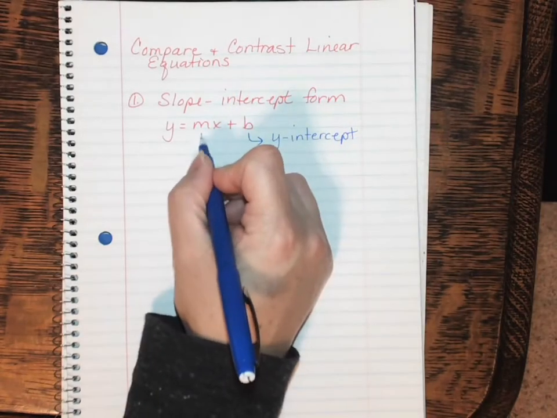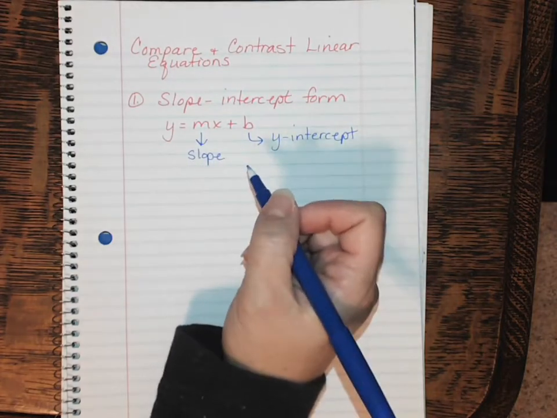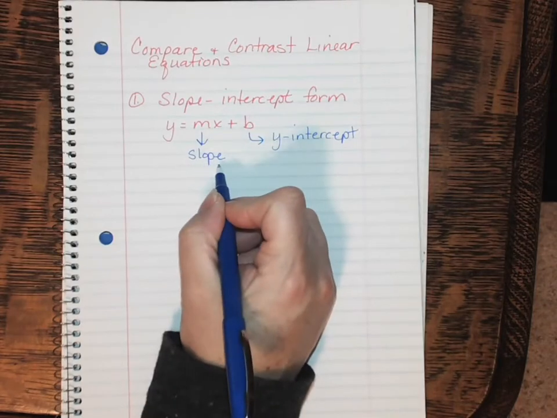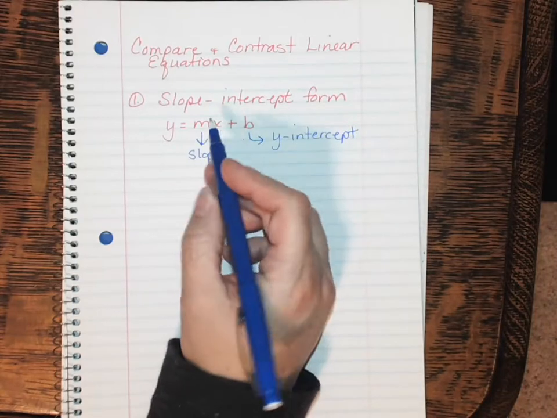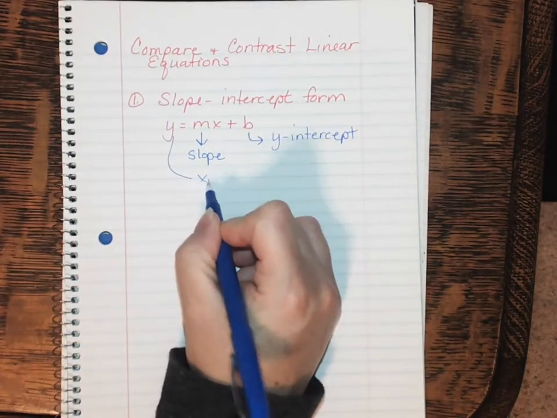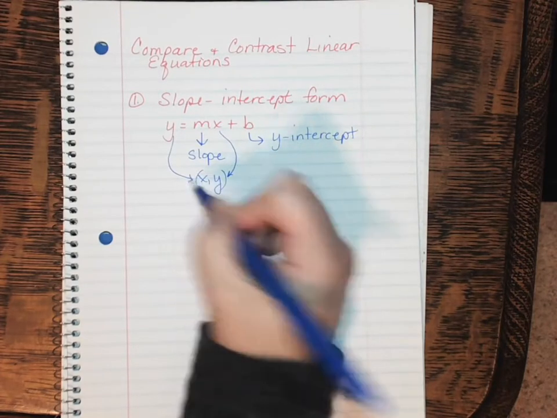And then we would use our slope to go either up or down on the graph and then to the right. And then our x and our y would be our point, another point on the graph.